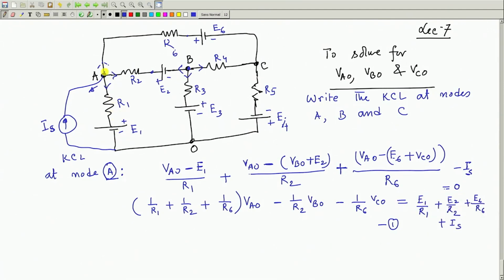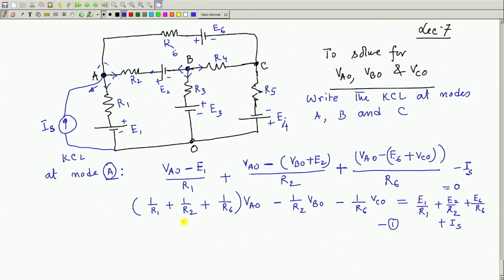And should I write plus or minus? It will be plus if the natural direction of the current that E 1 is supposed to deliver with regard to this polarity is E 1 by R 1. That is, if the positive of the battery is connected to node A, then it will be plus E 1 by R 1.